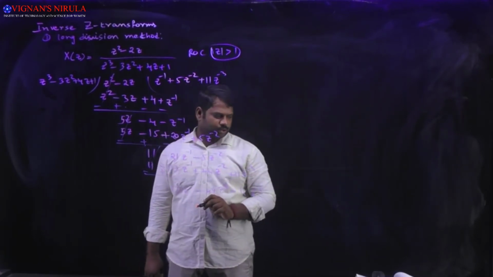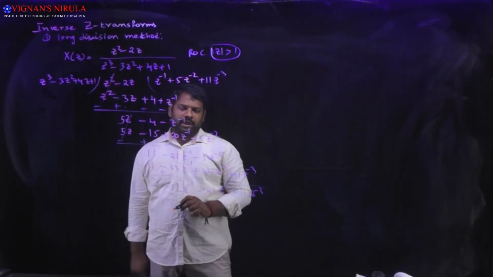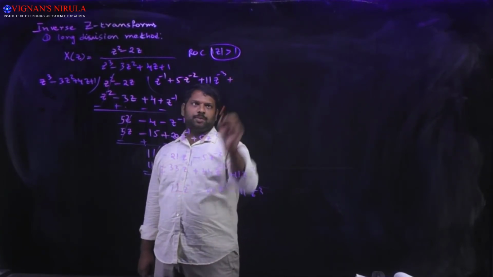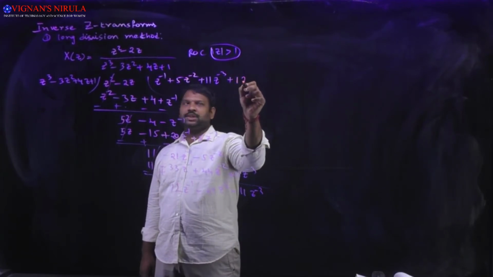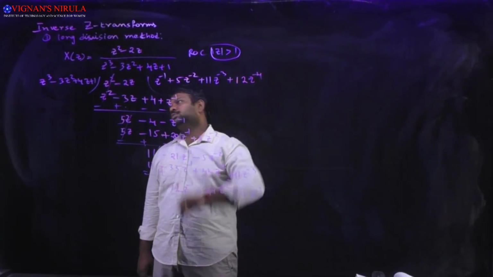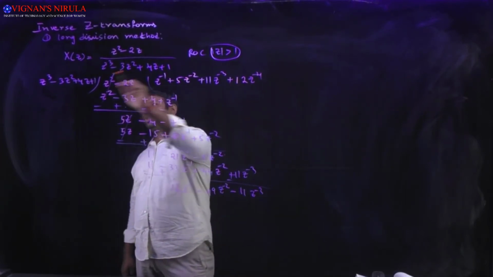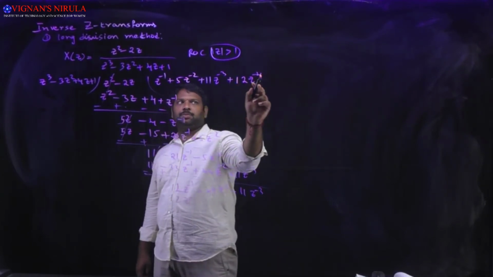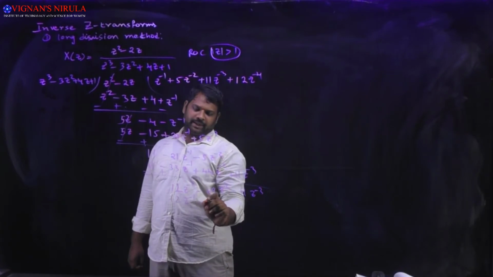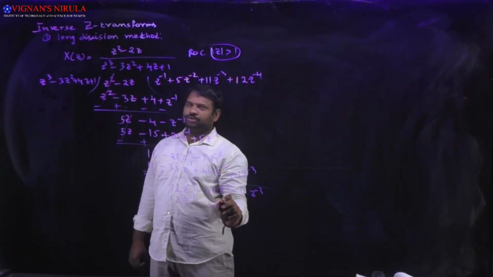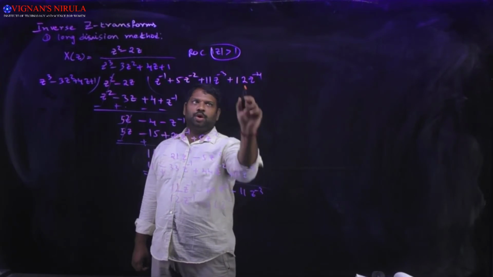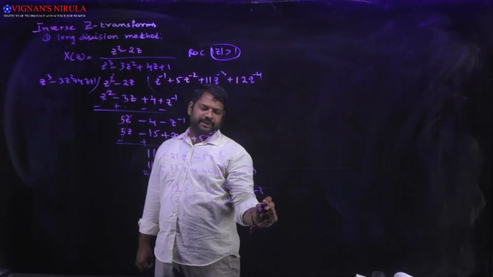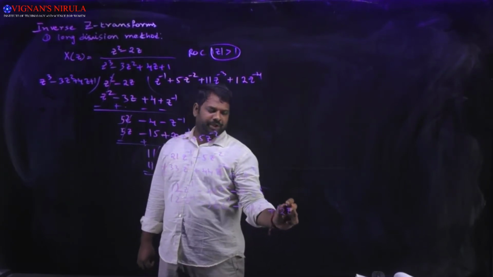Similarly, for cancellation of this 12 z power minus 1, take 12 z power minus 4, like this. This 12 z power minus 4 will be multiplied with z cube, we'll get 12 z inverse, and 12 z power minus 4 will be multiplied with minus 3, that's minus 36 z power minus 2, 12 into 4 is 48 z power minus 3, plus 12 z power minus 4.